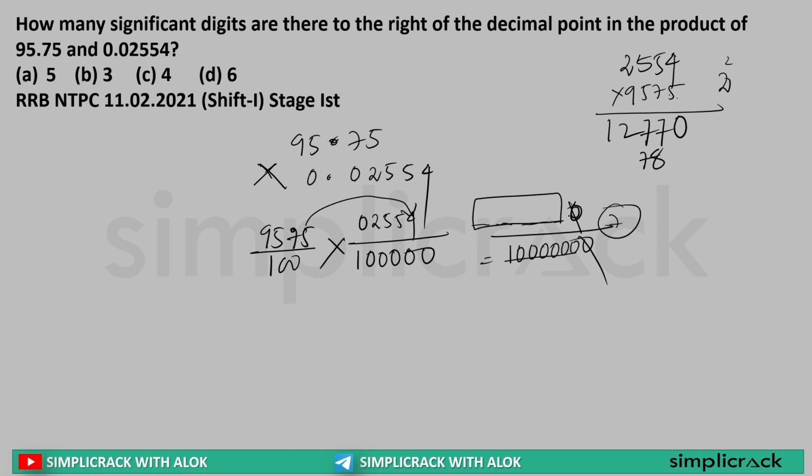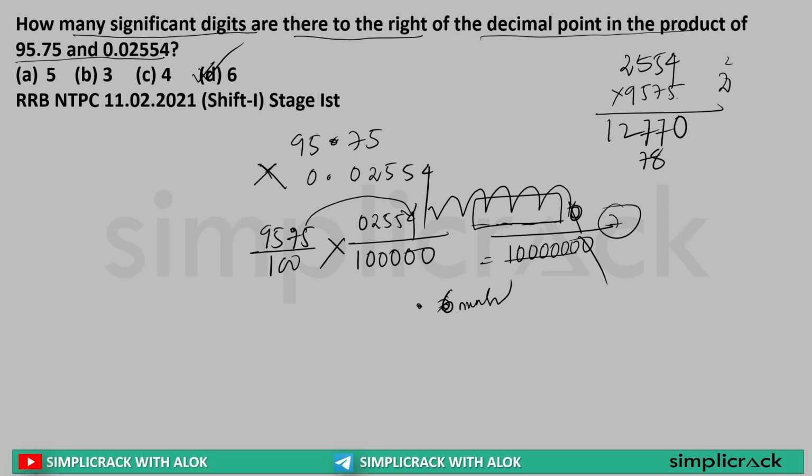That means what? The decimal point will jump how many places to the left? 6 places left. Or I can say after the decimal, how many numbers will be there? 6 numbers will be there. This is what it is asking: how many significant digits are there to the right of the decimal point in the product. So it is option D.